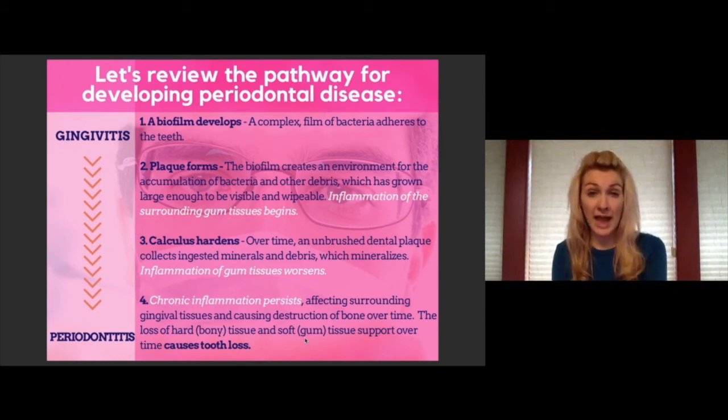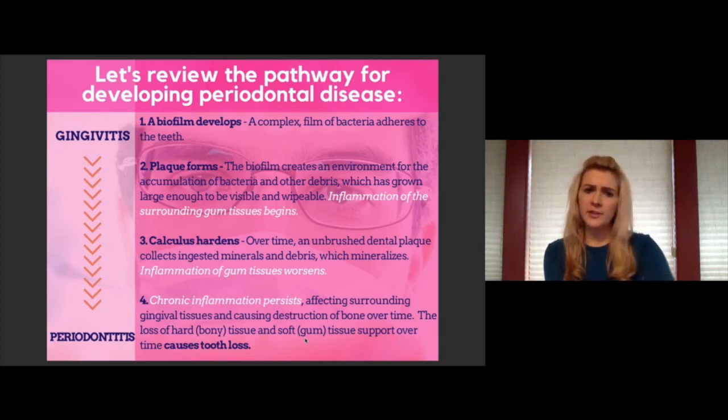What happens when the plaque is present on the tooth? Inflammation of the surrounding gum tissues begins. And that's just because anytime there's something foreign sitting on your tooth and sitting on your gums, they are angry and they don't like that. So inflammation, our reaction to invaders, begins.